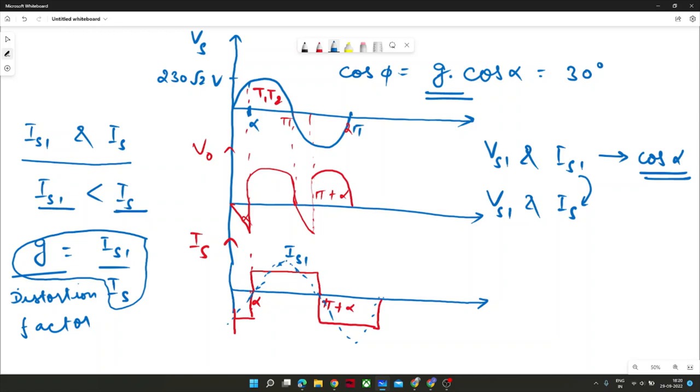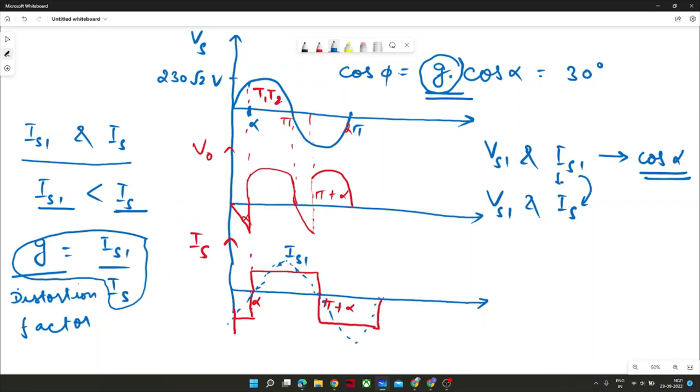So we need one factor that will be accumulated into the power factor formula. That factor would be G, and G is nothing but the relationship between Is1 and Is. That was the reason to introduce this G. G is the ratio between the fundamental and total.